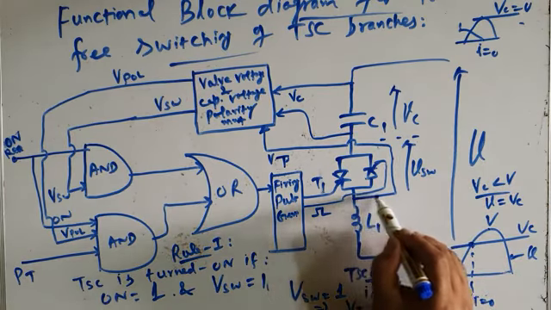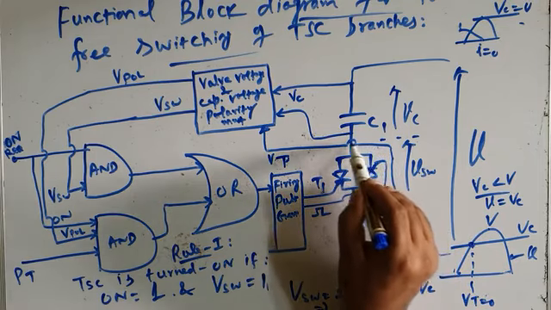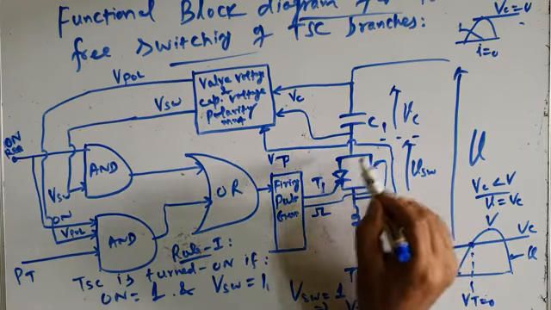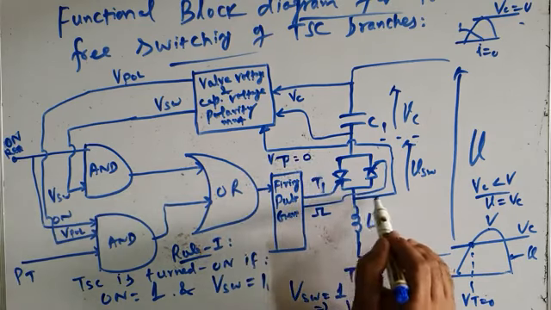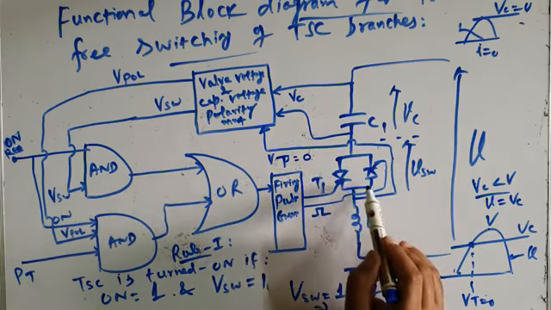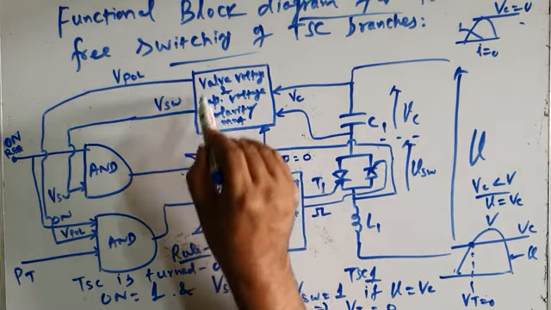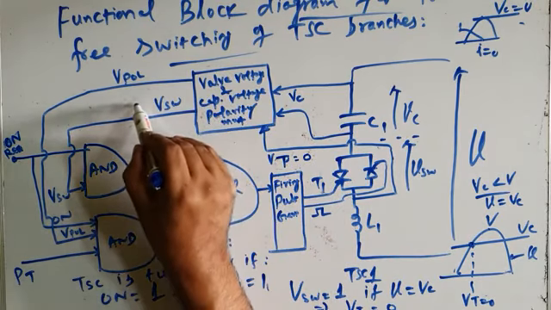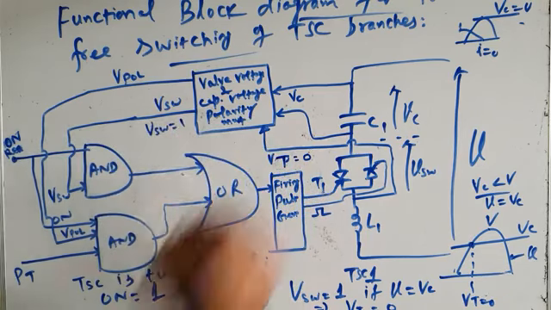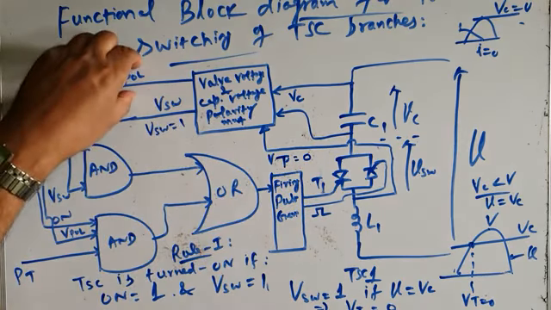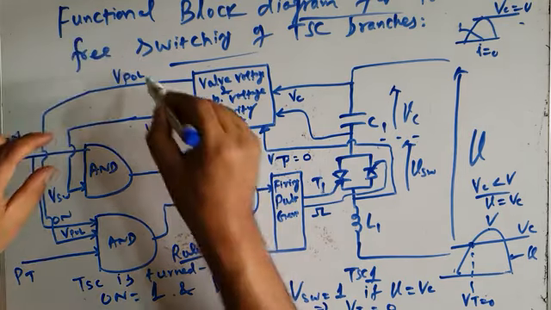So a voltage sensor is connected across the switch. It continuously senses the voltage across the switch, and it finds that as soon as VT has become equal to 0, voltage across switch has become equal to 0, it gives an information to this block, and this block makes VSW equal to 1. VSW is the output of this block. It does not do anything with Vpol. Vpol is equal to 0.